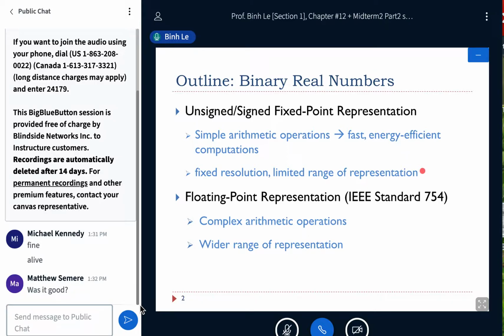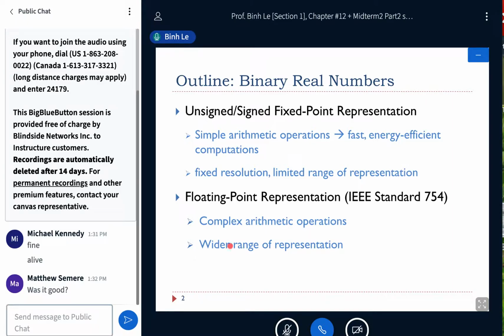If you use floating point, you can represent a much bigger range, but the downside is it's slower and consumes more energy.